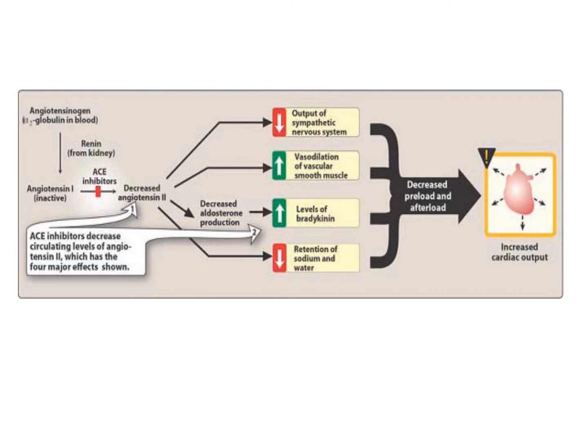So there is some difference between ARBs and ACE inhibitors. ARBs are usually indicated for those who cannot tolerate ACE inhibitor side effects like persistent dry cough and angioedema. So it is a good alternative for those suffering from the complications of ACE inhibitors.